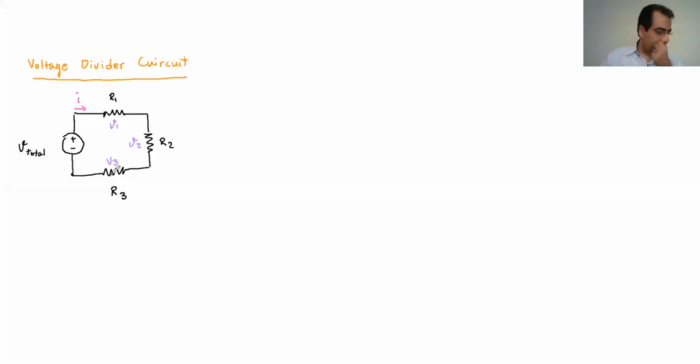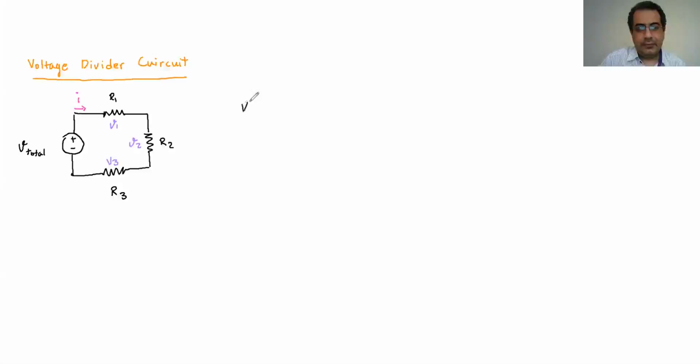If you remember from the Kirchhoff law, there's one loop. If I go around that loop and add all the voltages together, they should come to zero.